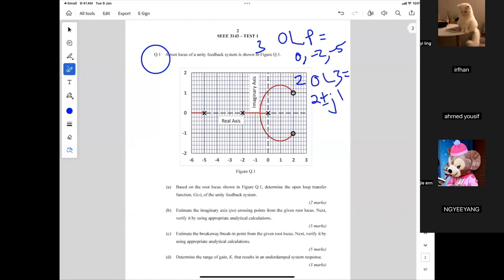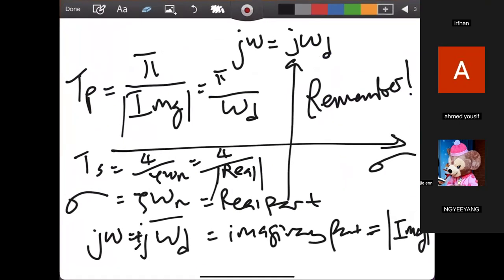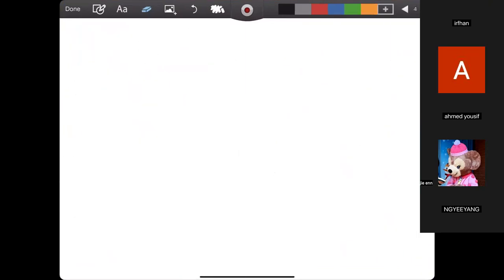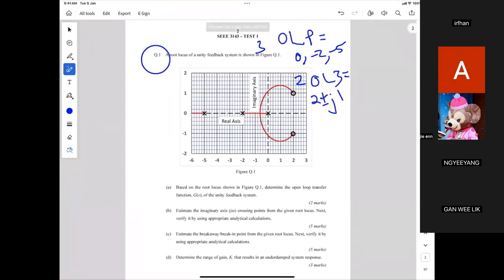So what is the transfer function? Ahmad Yosef. What is the open loop transfer function, based on the 3 open loop poles given and 2 open loop zeros?